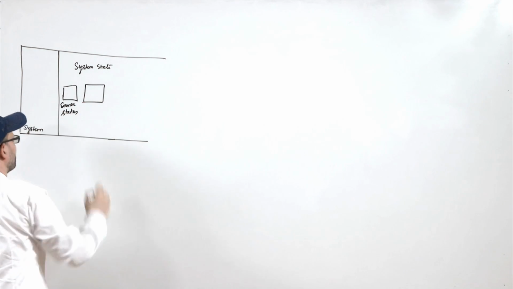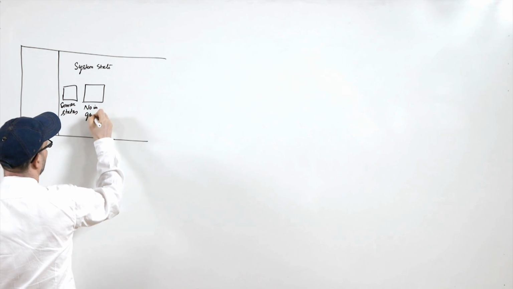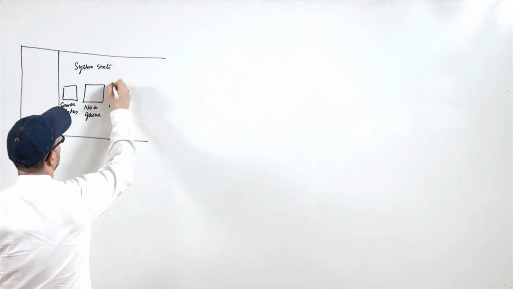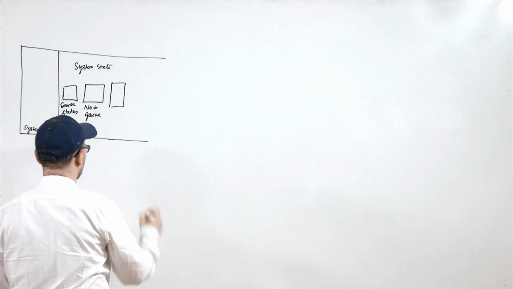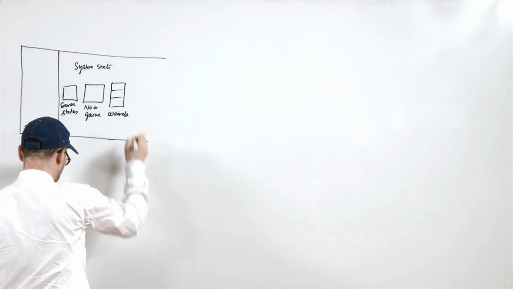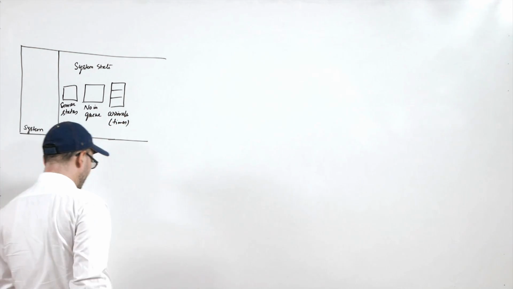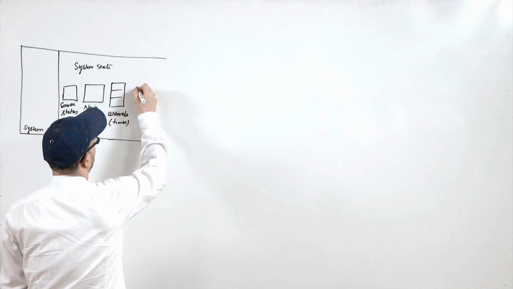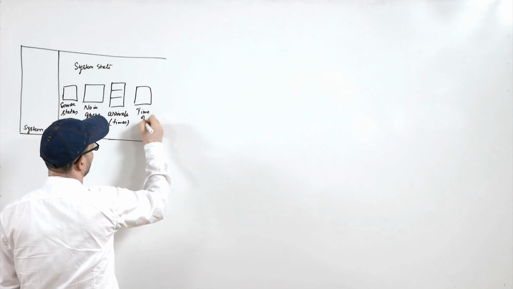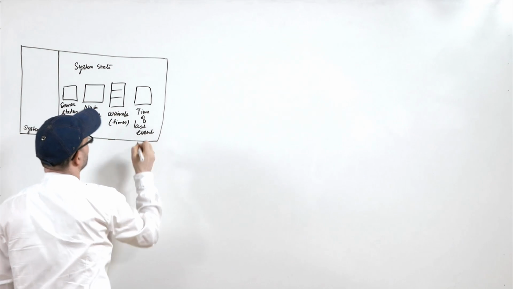Second is persons in queue, that is, number in queue. Third will be arrivals, that is, times of the arrivals, and then you have time of last event. So, this is your system state.